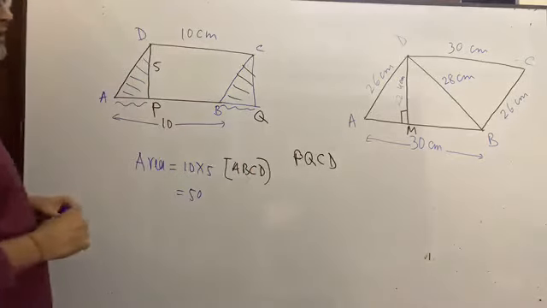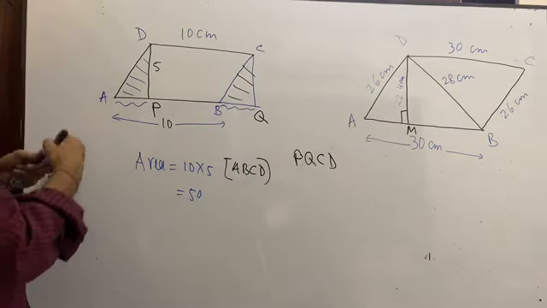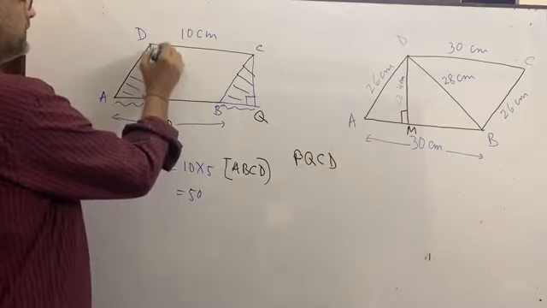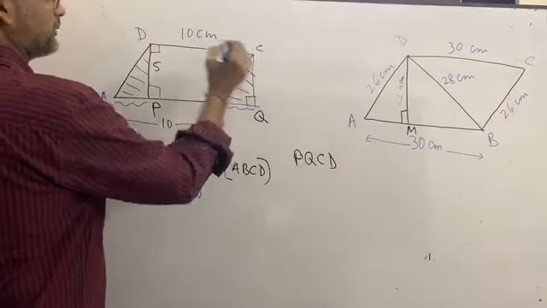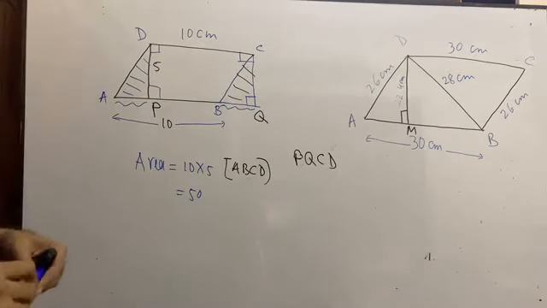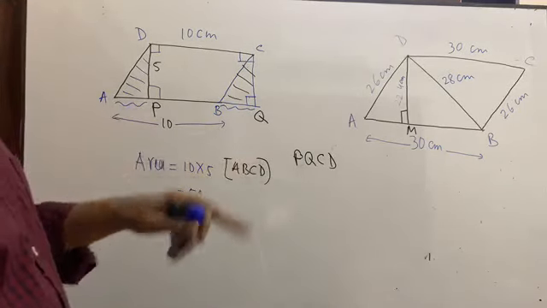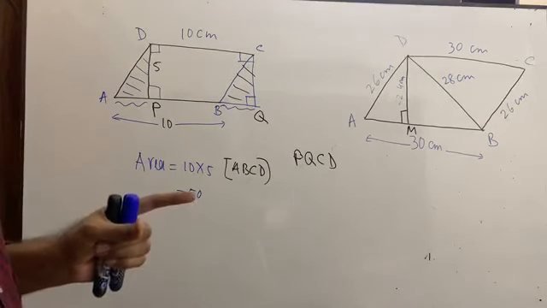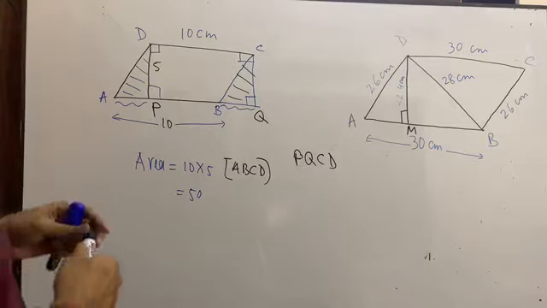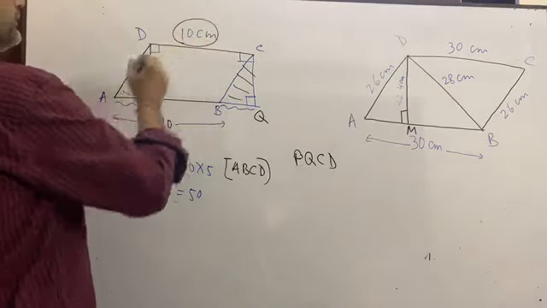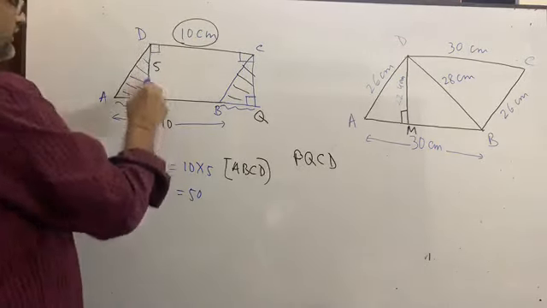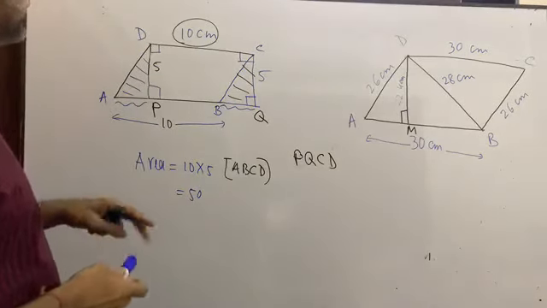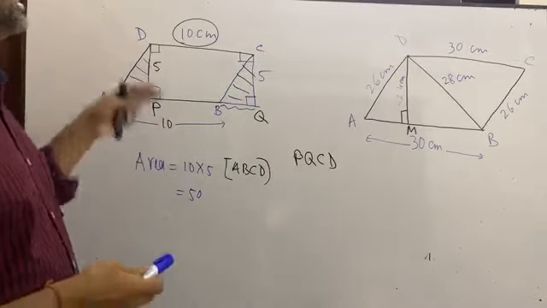What is PQCD? Yes, it is perpendicular. So it is also perpendicular. Now we can call PQCD a rectangle. Have you seen? PQCD is a rectangle. Okay. So it is 10 centimeter and it is 5 centimeter, means it is also 5 centimeter.